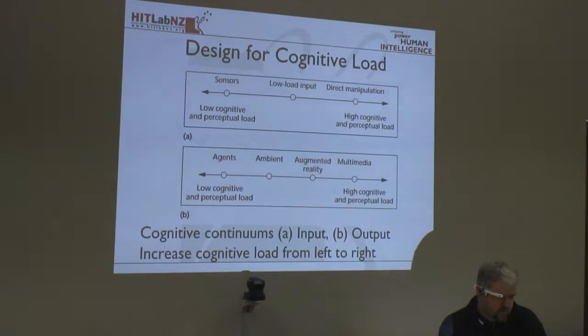That's quite a high load input. Conversely, I could have a system with sensors that automatically respond, like a smart room. In this case, it requires very little input from me, so it requires very low cognitive load. So with Google Glass, you want to design interfaces that require the least amount of cognitive load initially, and then maybe ramp up more as the person engages more.